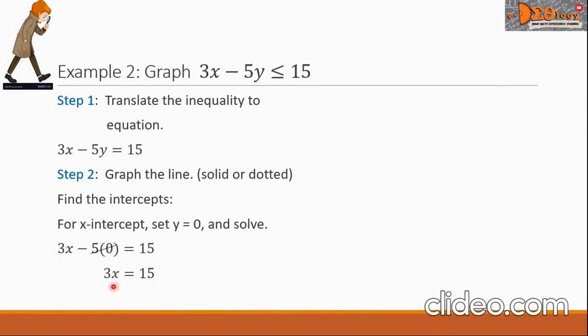Let us solve for x. We will divide the equation by the coefficient of x, which is 3. This 3x divided by 3 will give us x equals, the right side is 15 divided by 3, and the quotient is 5. Let us write the x-intercept as ordered pair, so we have here (5, 0).